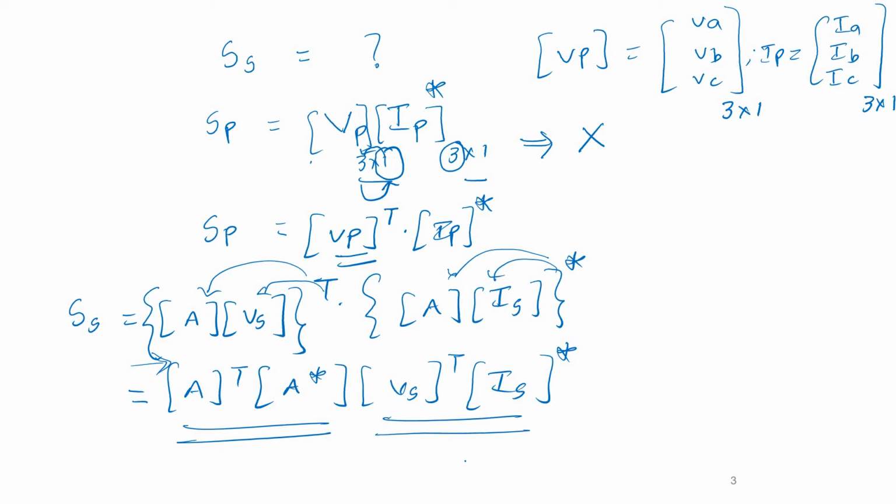So now I have written A transpose and A conjugate on one side and VS transpose and IS conjugate on the other side. These two are vectors with unknown elements; we just have to multiply, performing the matrix multiplication. But here operator A has known values. Now let us find the first value, A transpose into A conjugate.